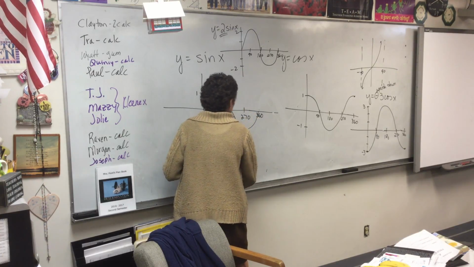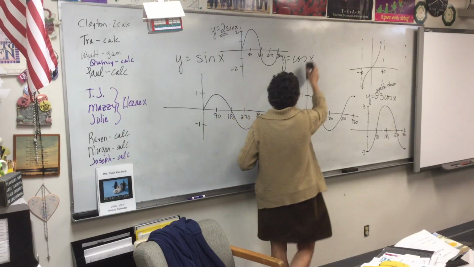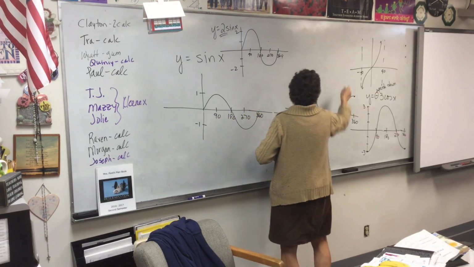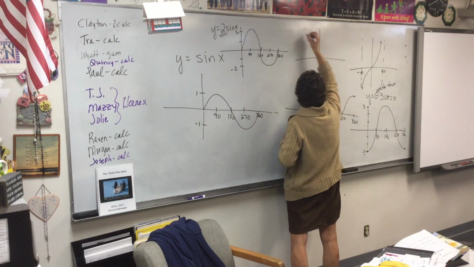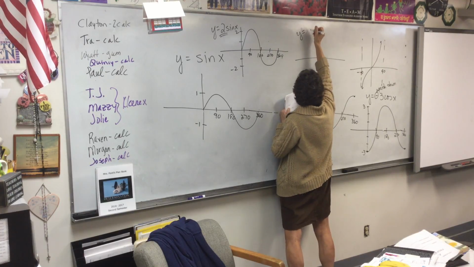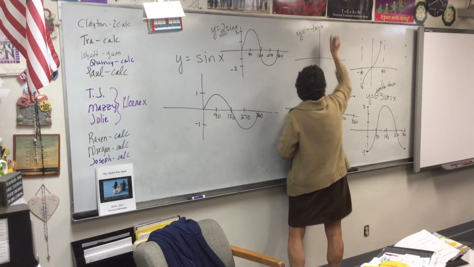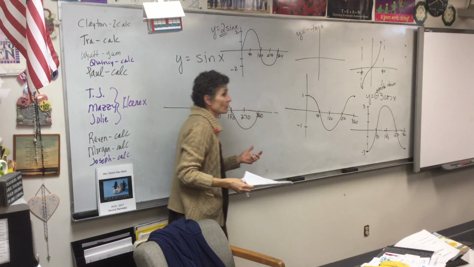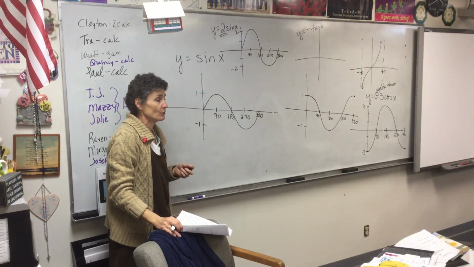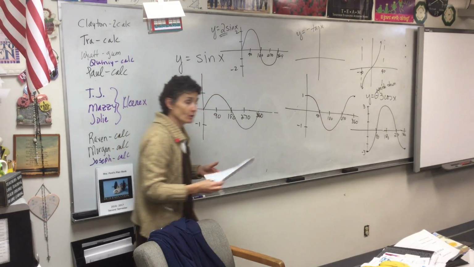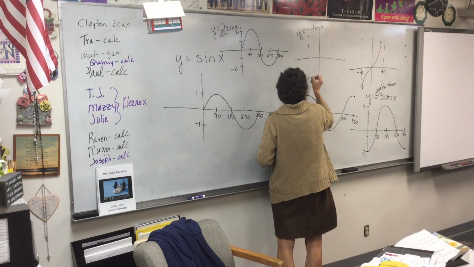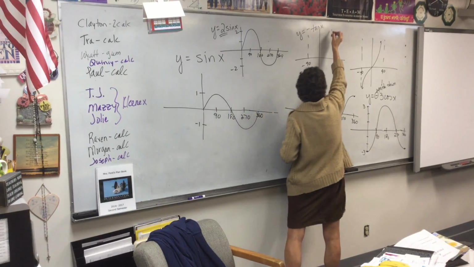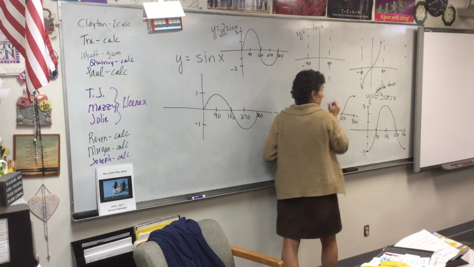All right, now we're going to do a tangent. I'm going to try to squeeze it in right here. Look at the tangent graph we're doing. It says negative tangent. So we just talked about it. What's that negative going to do? Flip it over. So you're still going to have an asymptote at negative 90 and an asymptote at 90.